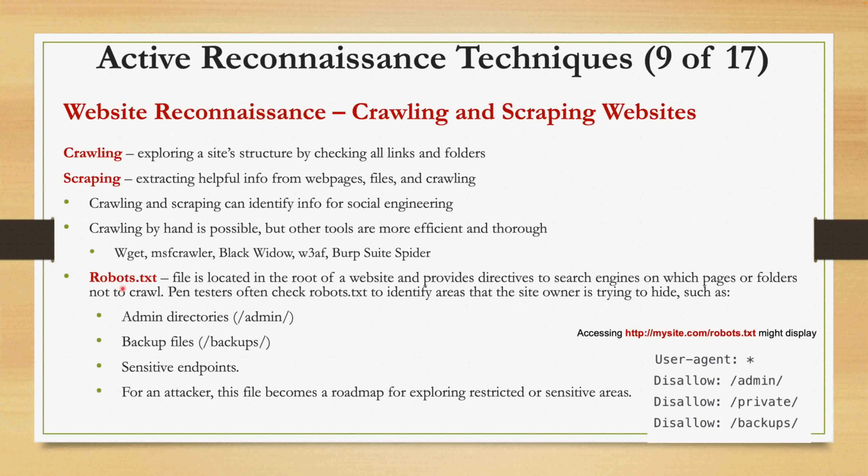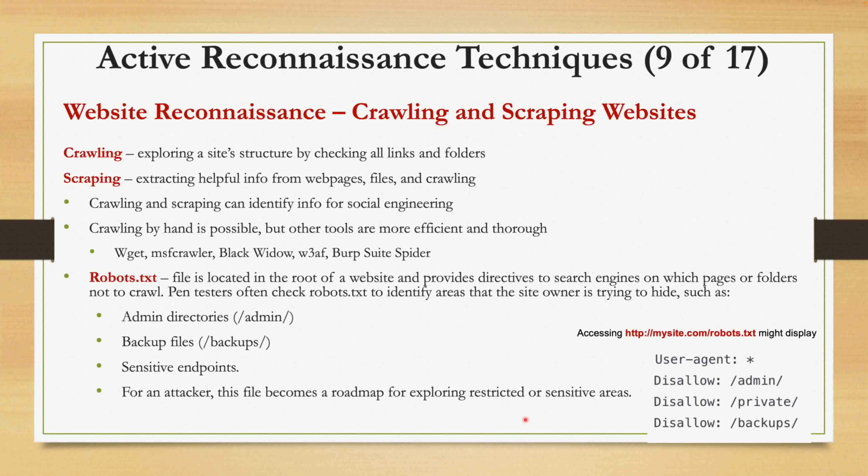The other important thing that you need to understand is called robots.txt. Now, this file is located in the root of a website and provides directives to search engines on which pages or folders not to crawl, like you see over here. See that thing over here? This file is basically telling crawlers not to scan these folders.